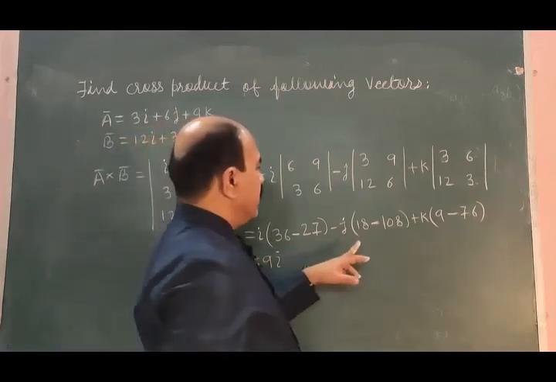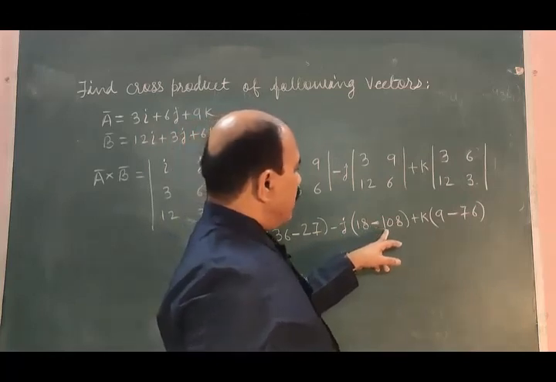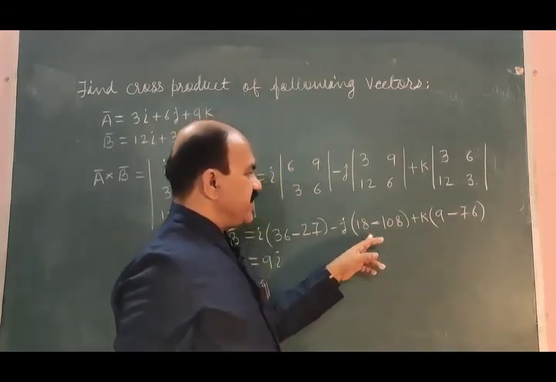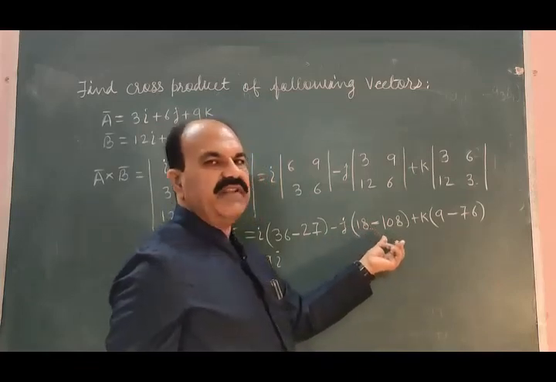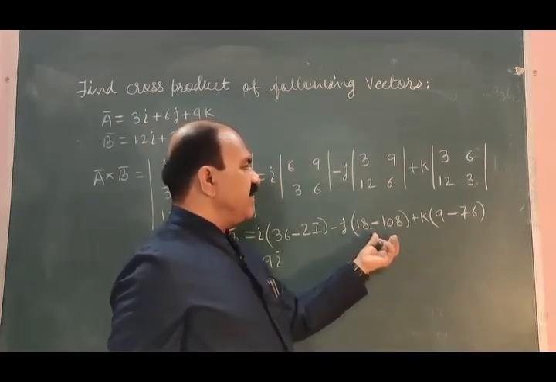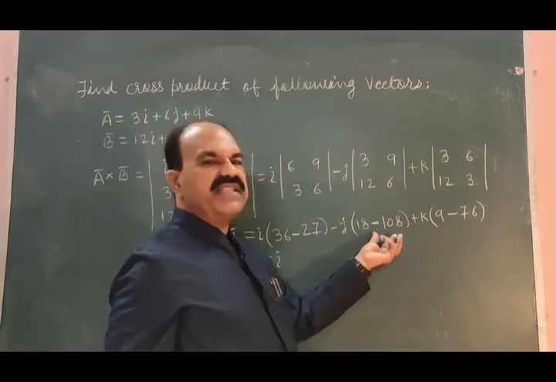Then 108 is minus, 18 is plus, so subtraction will be there, and the result will be minus 90.